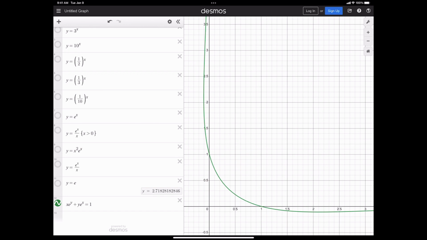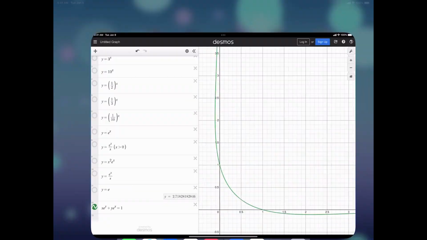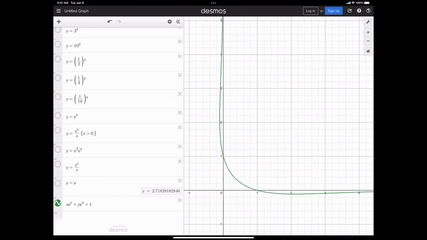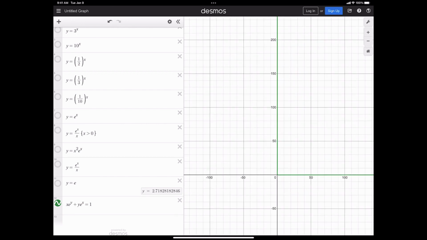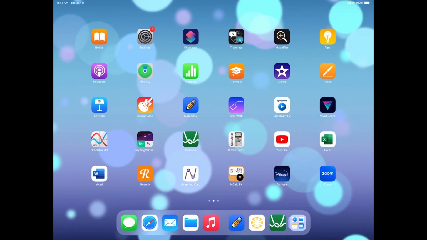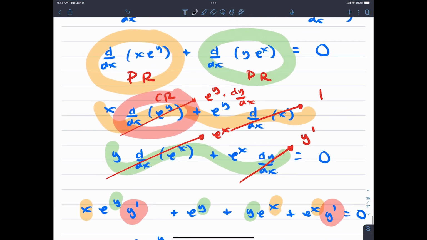Did we screw that up in any way? I don't think so. x e to the y plus y e to the x equals 1. Come on, Desmos. See, this is why you can't trust technology or artificial intelligence. It might be a little bit too complicated for even Desmos. Anyway, that was a point I wanted to make, but I can't make it. Sorry, Desmos. We outwitted you.